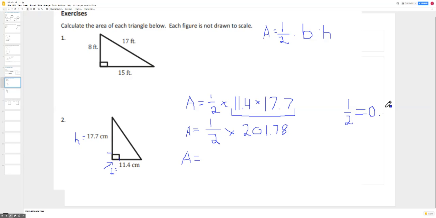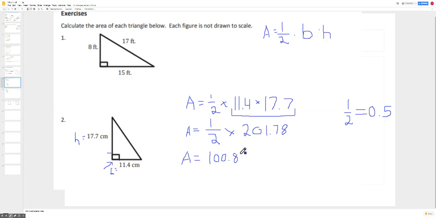So when using the calculator, you want to use the 0.5. So it would be 0.5 multiplied by 201.78 equals, and I believe we should get 100.89.